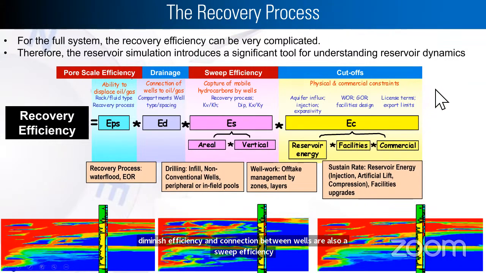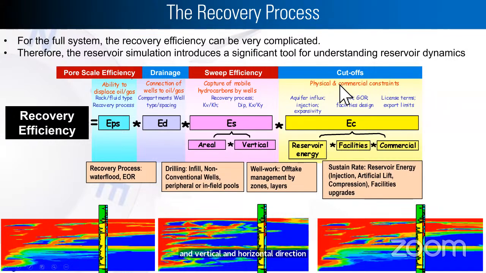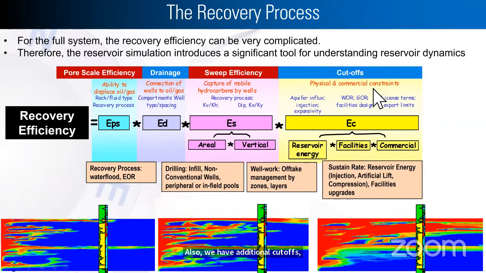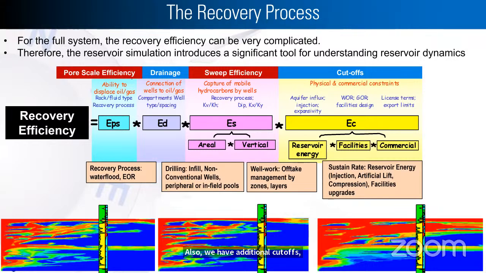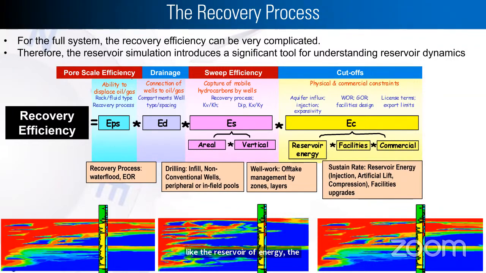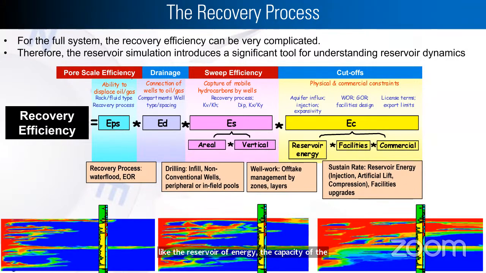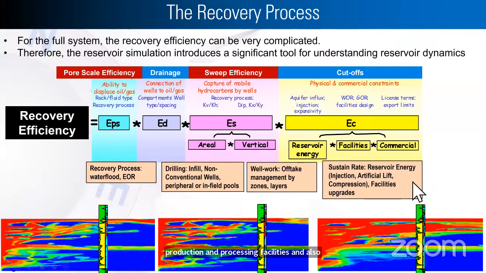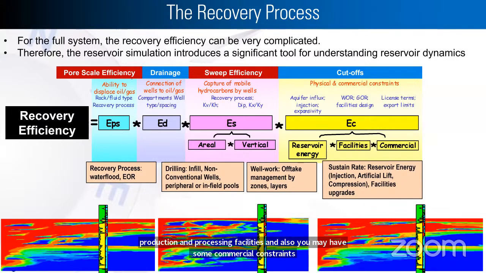Also, we have additional cutoffs, maybe physical or commercial constraints, like the reservoir energy, the capacity of the production and processing facilities, and also some commercial constraints like the prices and the economic rates and so on.